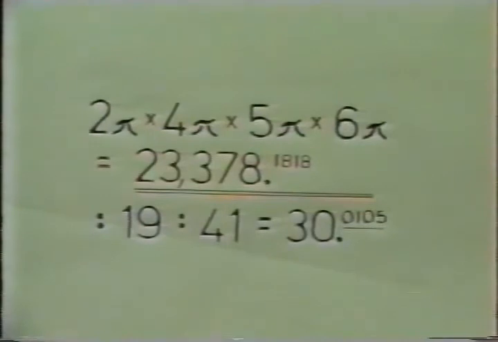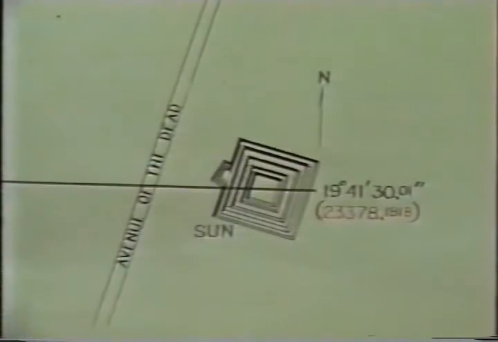The numbers 19, 41, and 30.0105. In these we find unquestionable meaning, because at 19 degrees, 41 minutes, and 30.0105 seconds, in the language of mapping, it is precisely where the Sun Pyramid situates on our maps. 19 degrees, 41 minutes, 30.0105 seconds north of the equator.